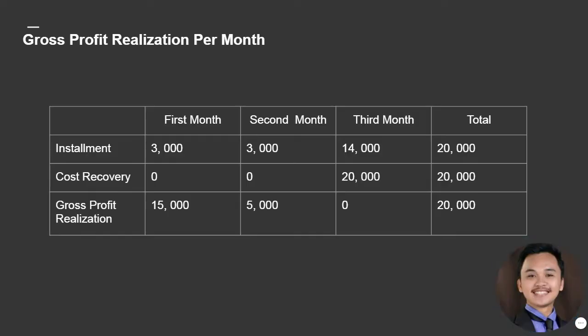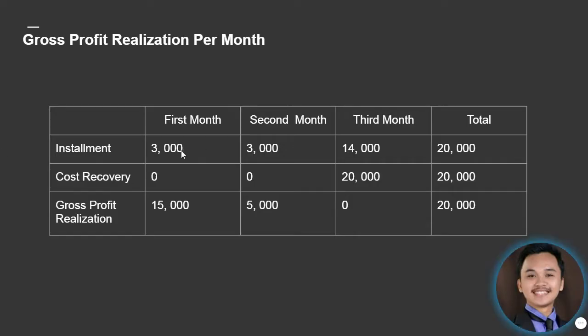So in this case, to compute the gross profit realized for the first month, we simply multiply the gross profit rate with the cash collection. In the first month, we collected 15,000 cash and multiplied it by the gross profit rate of 20%.